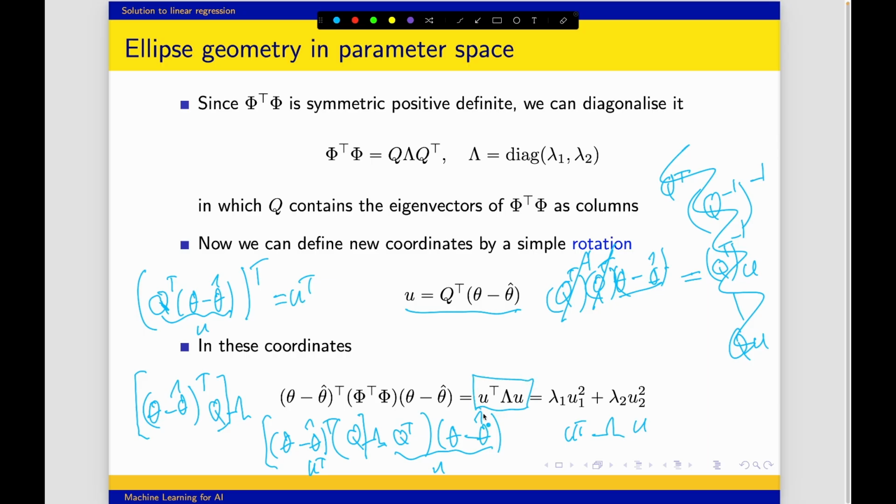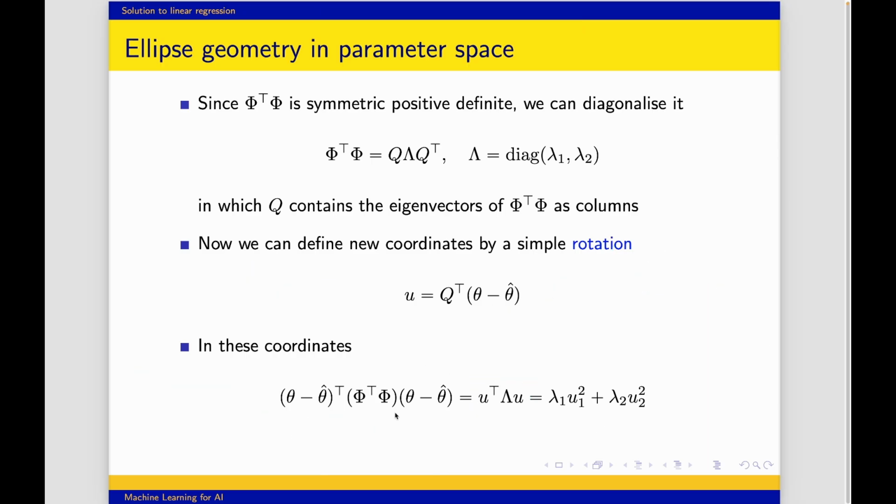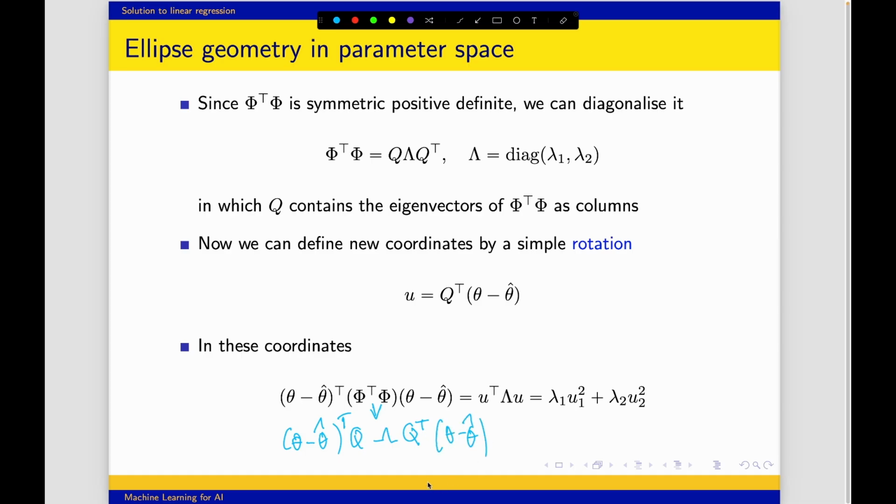Okay, let me hide all of this nonsense. So now let me just go through it again, since I wasted so much time. This is just Q lambda Q transpose. This is multiplied by, from this eigen decomposition, theta minus theta hat times this, and that's transposed, times theta minus theta hat. Right?